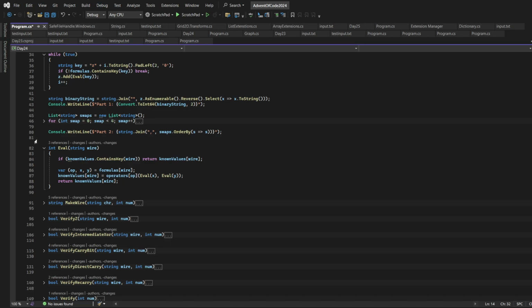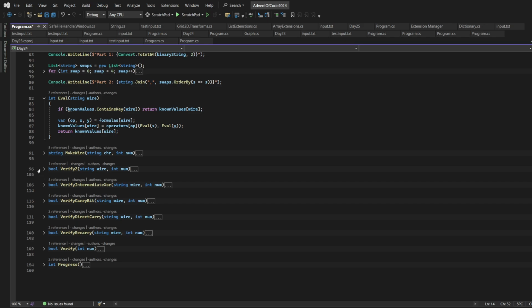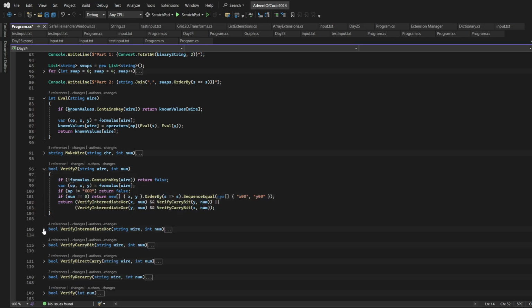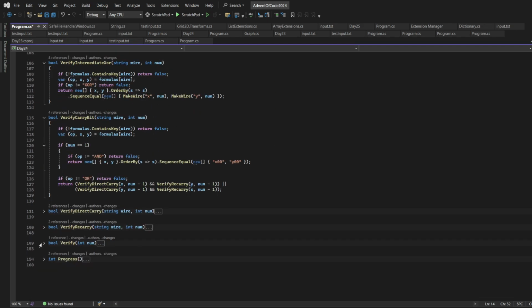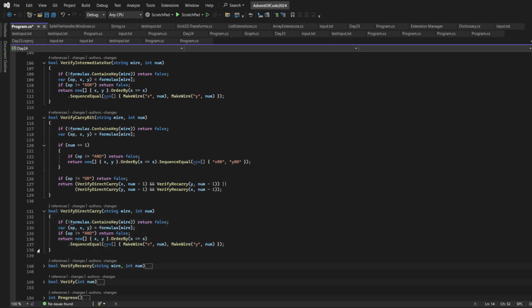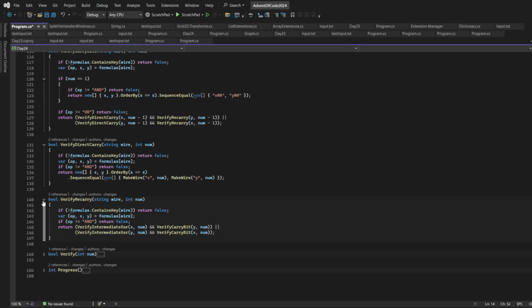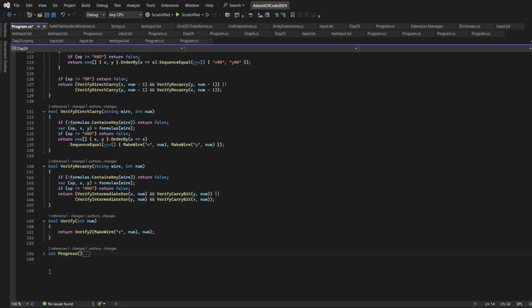basically what I did was to write a number of verify functions. These were used both when I debugged my own input file, and also for this generalized solution, of course.